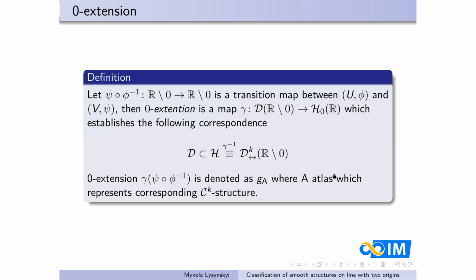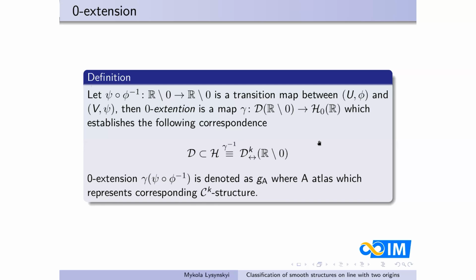Thus, it's not a diffeomorphism of R, but instead a diffeomorphism of R without 0. And interestingly enough, since the transition map should be a homeomorphism, we only should consider the monotonic case. The function 1 over x, in some sense, is a diffeomorphism of R without 0, but it is not continuous on R.